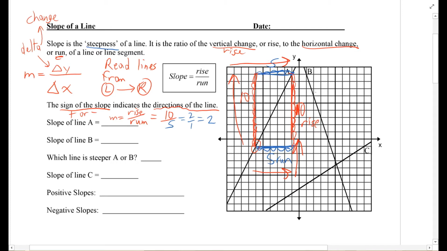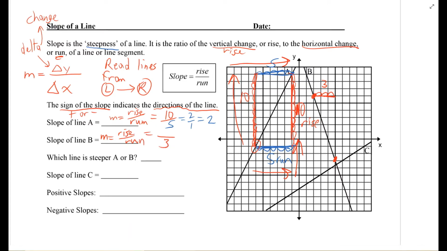Now for line B, I'm going to find 2 points on the corner of a grid, say right here and right here. Now I'm going to count my run. I'll go this direction, 1, 2, 3. And so M equals rise over run. The more you write it, the more you remember it. The run equals 3.